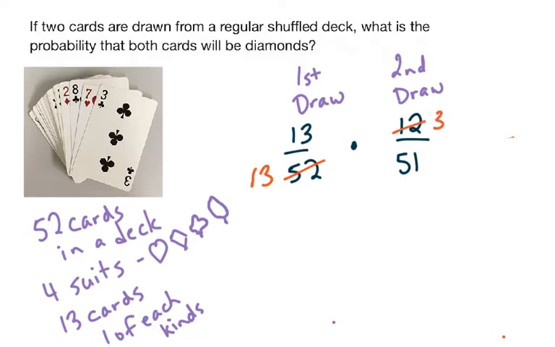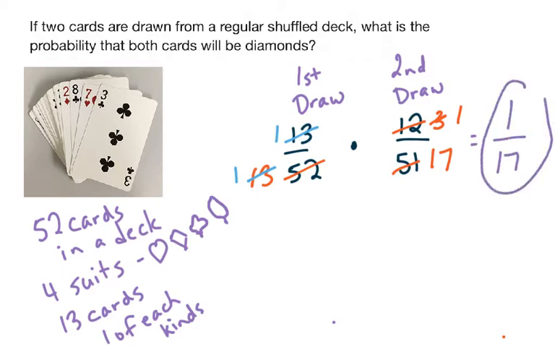And then we did 51 divided by 3, which gave us 1 here and 17 here. And then we did 13 divided by 13 right here, which gave us 1 and 1. And so we did 1 times 1 is 1, and 1 times 17 is 17. So our probability of drawing both cards being diamonds is 1/17.